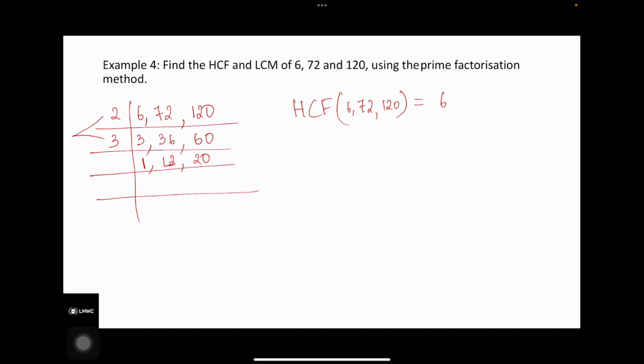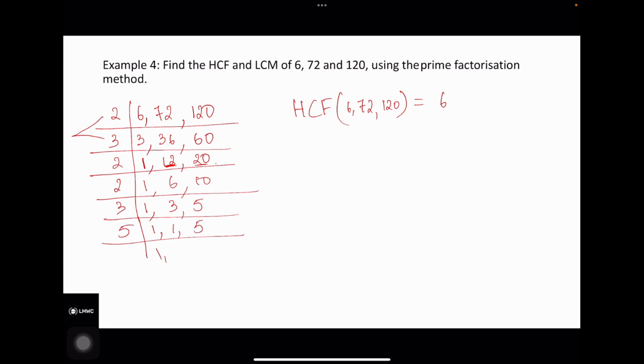Now the next numbers, 12 and 20, if you look, both are even numbers. So I'm going to go with the prime factor 2. 1 we will just copy down. So 2 times 6 is 12, 2 times 10 is 20. Again with 2, 1 copied down, 2 times 3 is 6, 2 times 5 is 10. Then it will be 3, 3 times 1, 5 taken down.